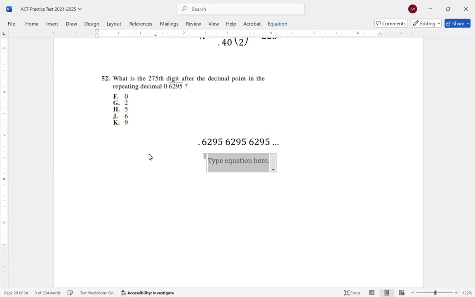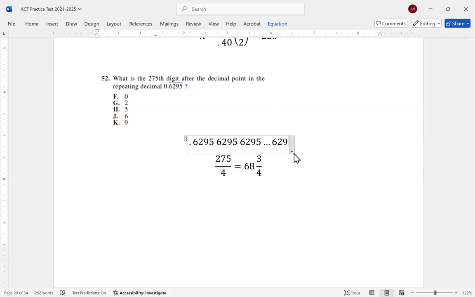Now think about taking 275 divided by 4. What you're going to get is 68 and 3/4. What that means is we're going to have 68 copies of the digits 6295. And then we're going to have 3 more digits, 6, 2, 9.